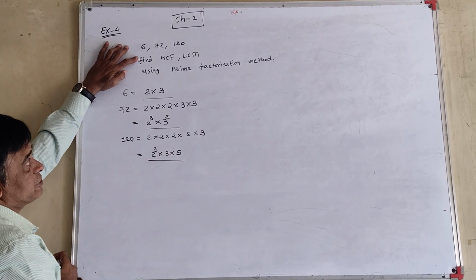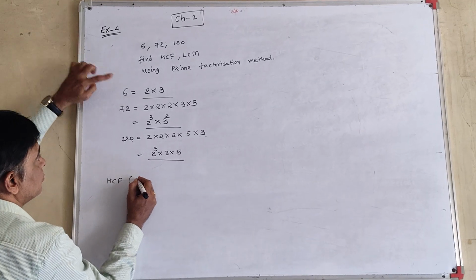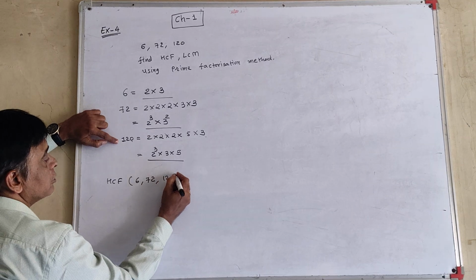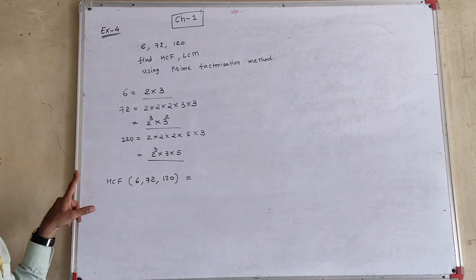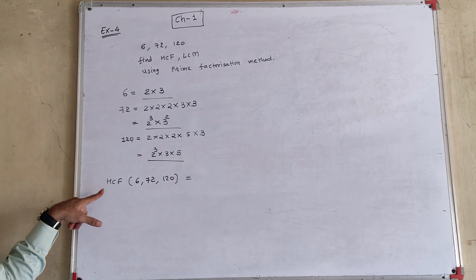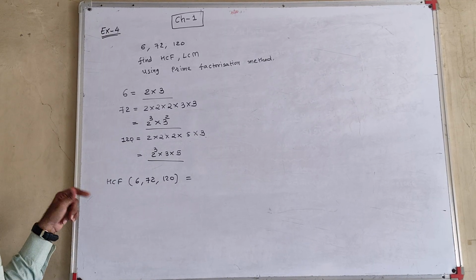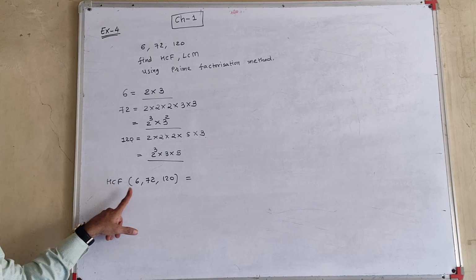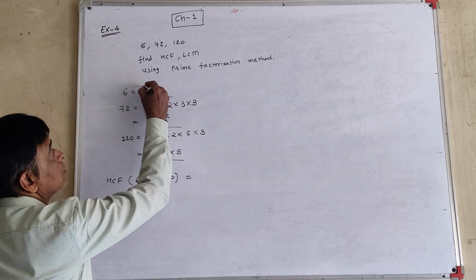Now I want to find out HCF and LCM. So HCF of 6, 72 and 120 is equal to... In HCF we will take the lowest power of a common factor.